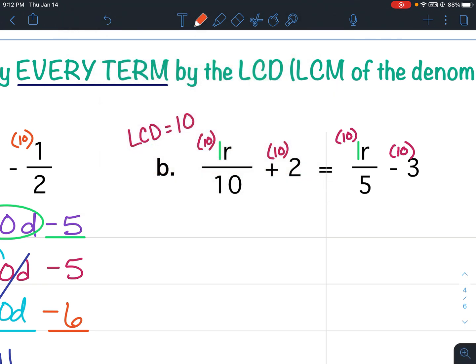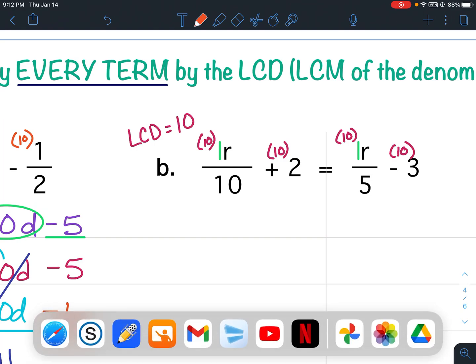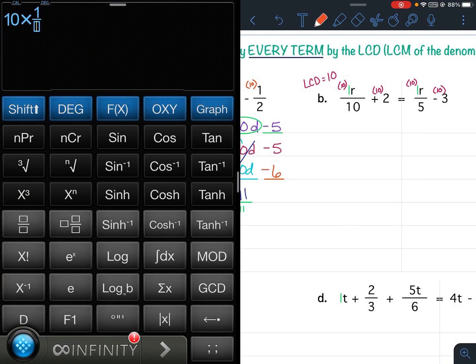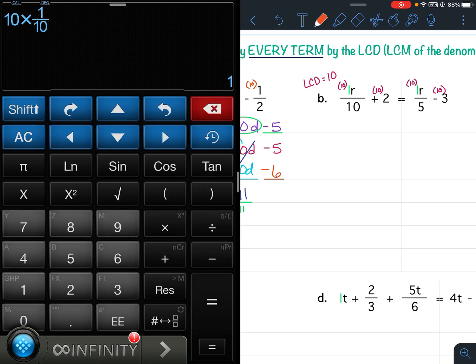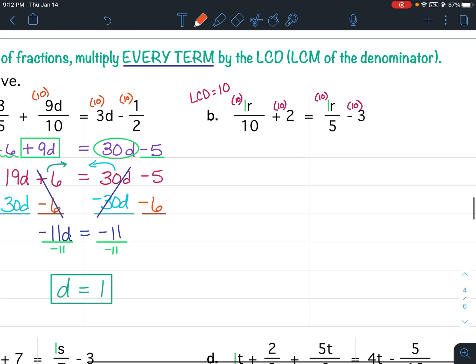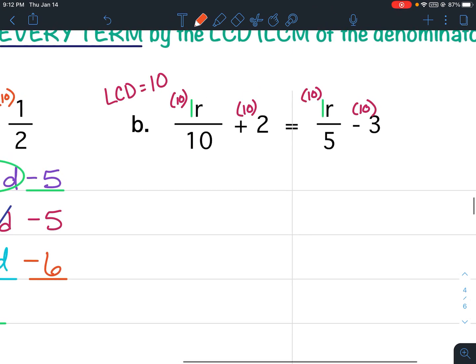10 times 1/10. Let's bring out our calculator again. 10 times 1/10 is 1. So this would be 1R. Though I just do it in my head, I divide by the denominator and then multiply by the numerator. 10 divided by 10 is 1. 1 times 1 is 1. So that's 1R.